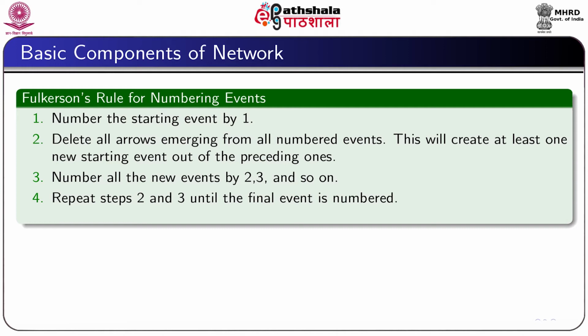This will create at least one new starting event out of the preceding ones. Number then all new events by 2, 3 and so on, and then repeat the previous 2 steps, that is step 2 and step 3, until the end is reached.